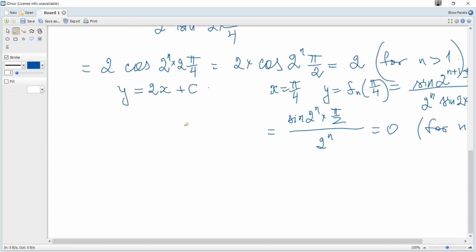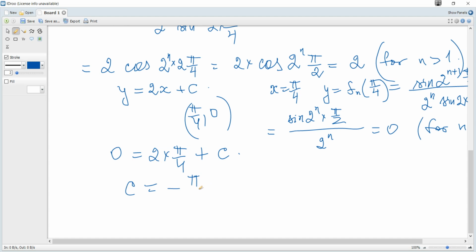Hence a point on the tangent is (pi over 4, 0), and we substitute it to get c, so it becomes 0 equals 2 times pi over 4 plus c, hence c is minus pi over 2.